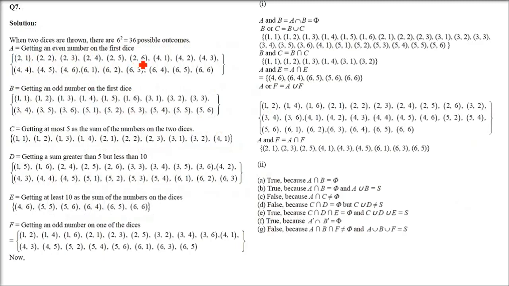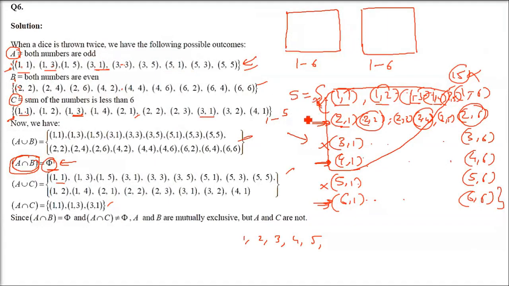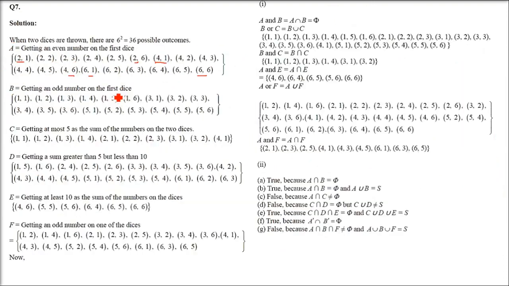So (2,1), (2,2), (2,3), (2,4), (2,5), (2,6), all these, from (4,1) till (4,6), then (6,1) till (6,6). Okay. Next one is getting an odd number on the first die. So we have odd here: (1,1) till (1,6), (3,1) till (3,6) and (5,1) till (5,6).